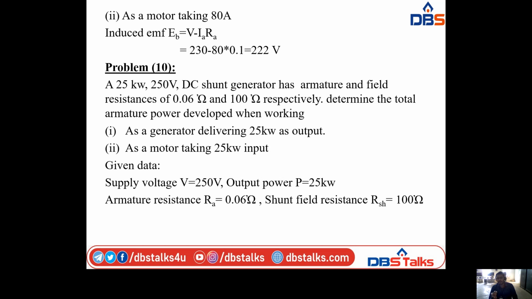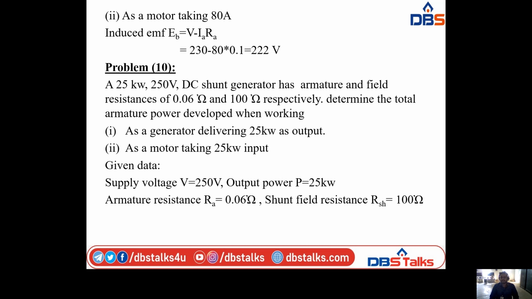This type of problem I already discussed in the previous problems also. The same problem is repeated here, but the data is different. The same pattern and procedure is maintained here also. So here also I am calculating total armature power developed when working as a generator and as a motor.